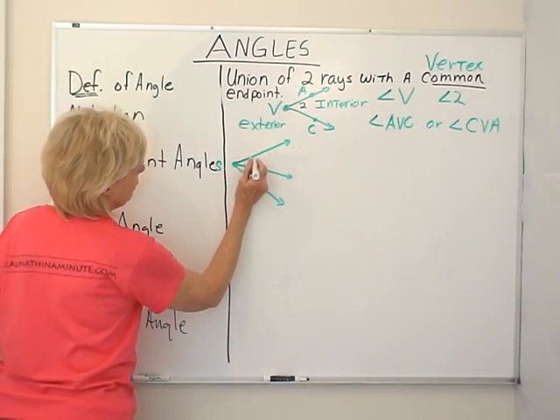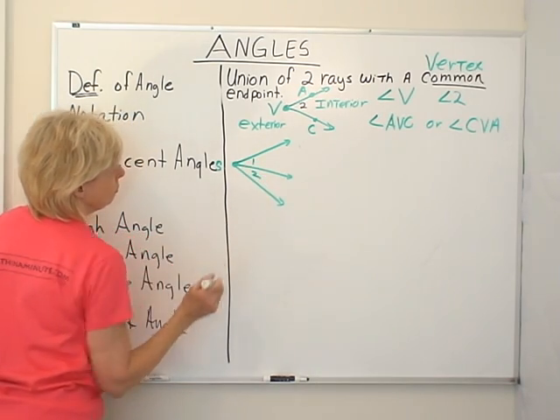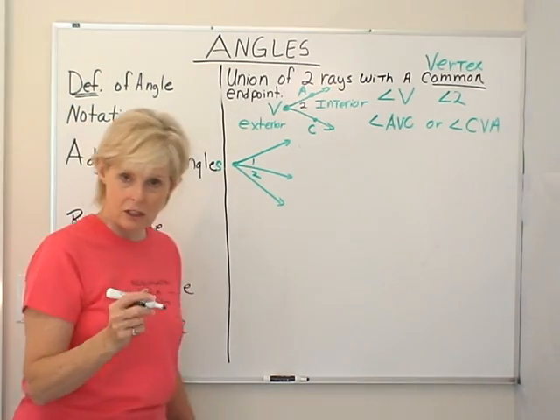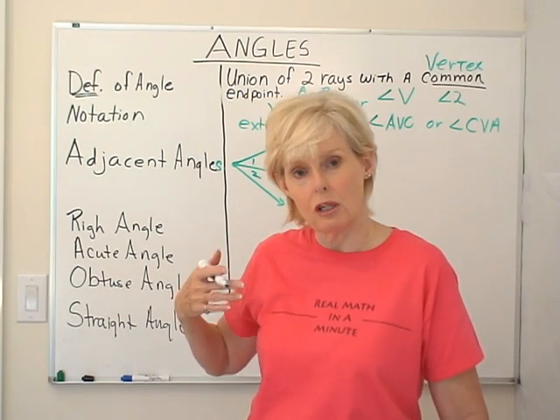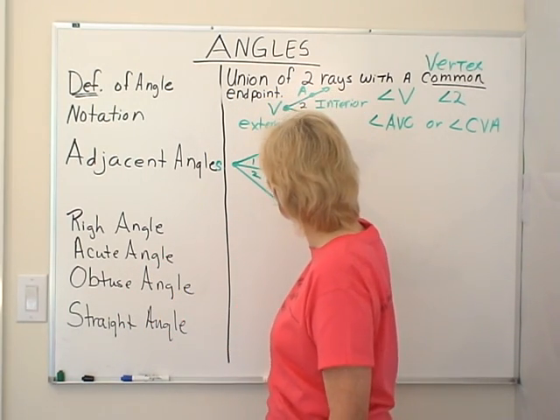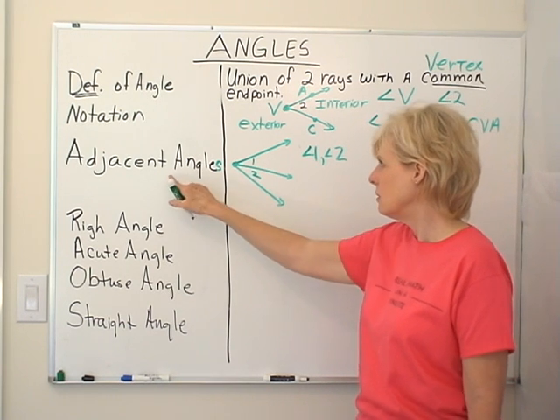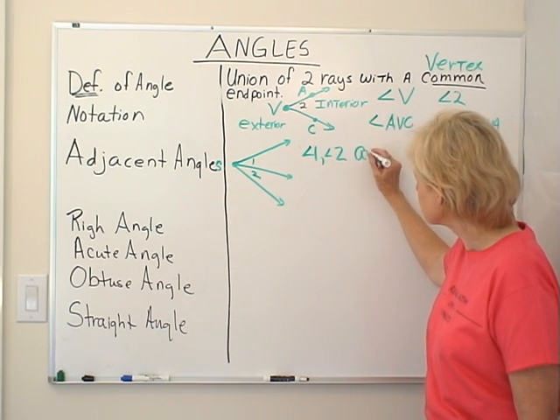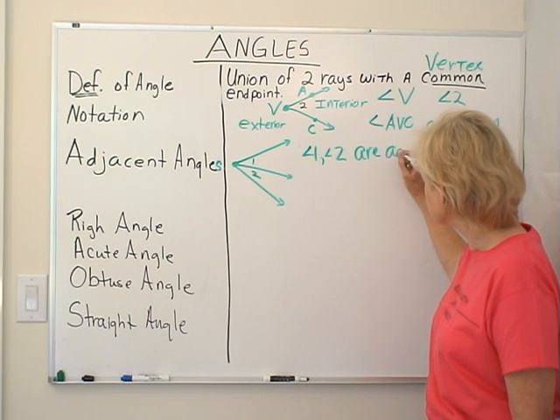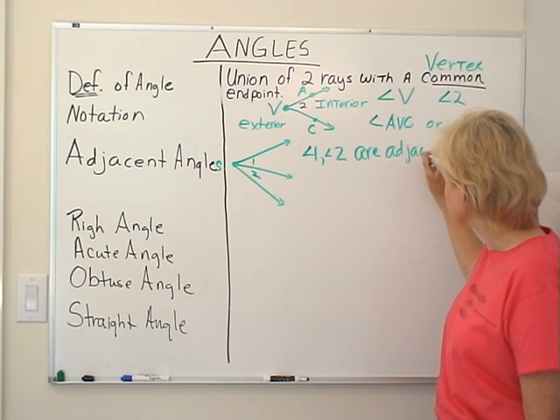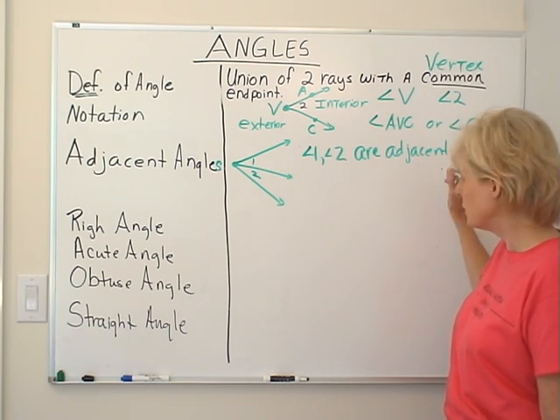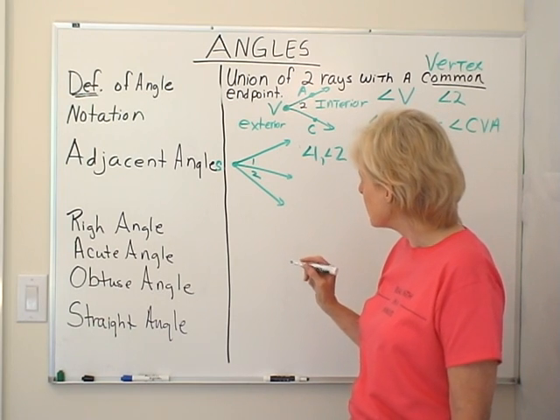So if I talk about angle 1 and angle 2, then I would say angle 1 and angle 2 are what we would call adjacent angles. They're right next to each other.